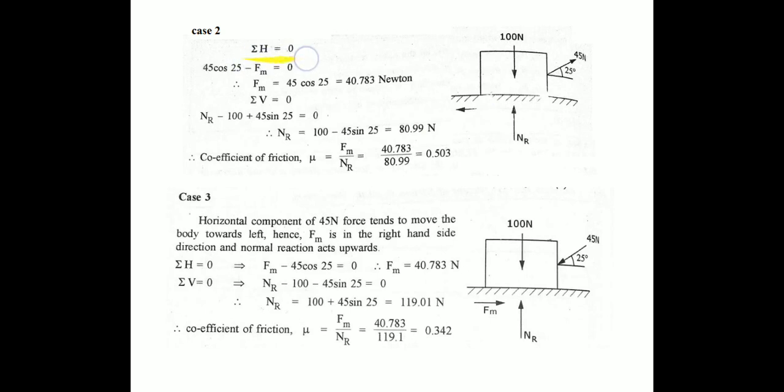Apply the equilibrium conditions, sigma H is equal to 0, sigma V is equal to 0. Vertically there are two forces, therefore Nr is equal to 100, and there is one more vertical force. If we resolve here, there is 45 sine 25. On substituting and resolving the values, we can find the coefficient of friction mu as 0.503.